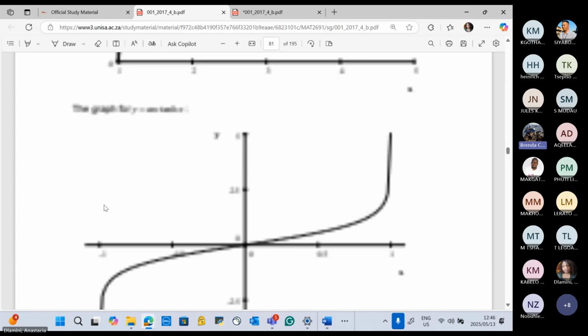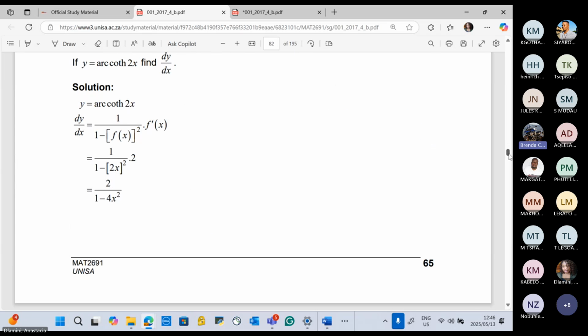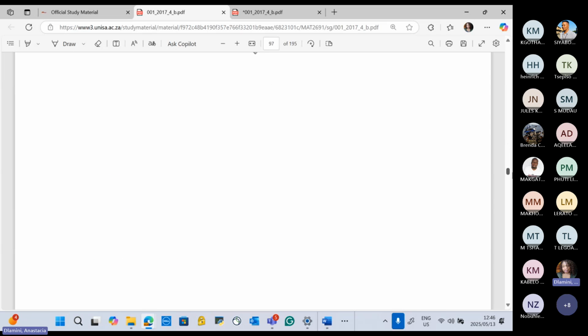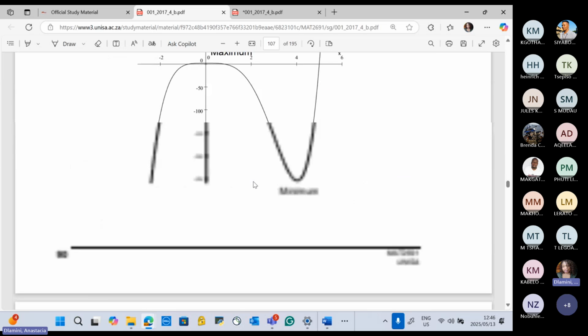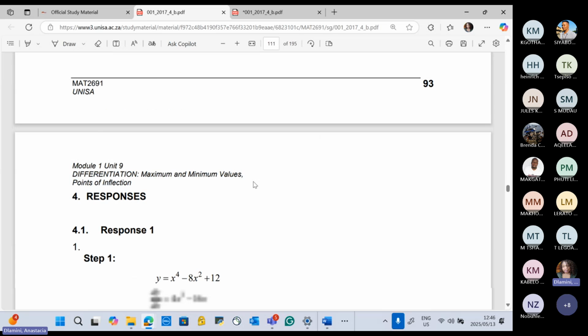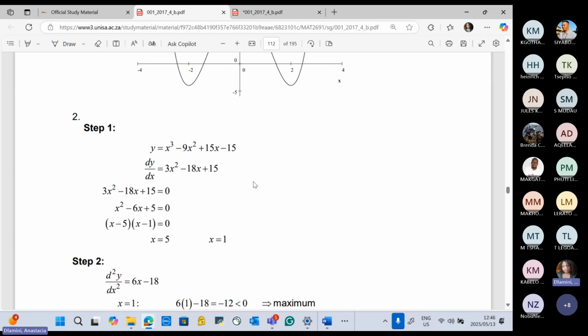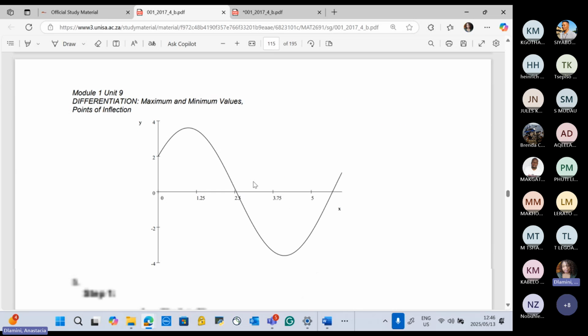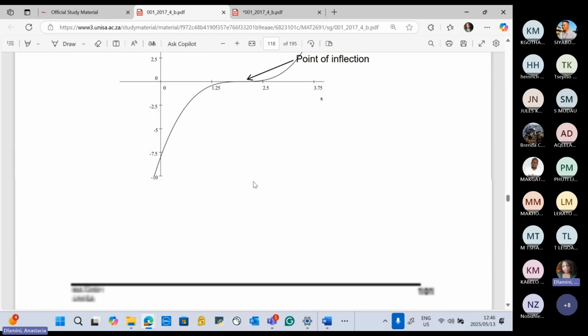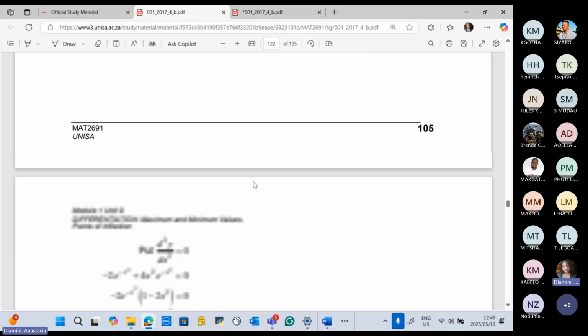Yes, ma'am, because it already has a restriction. Yes, it has a restriction, and it will give us the general solution. So if you use the general solution method to find it, then you're not finding the value of theta. That's what I'm saying. So what do you think we are doing?